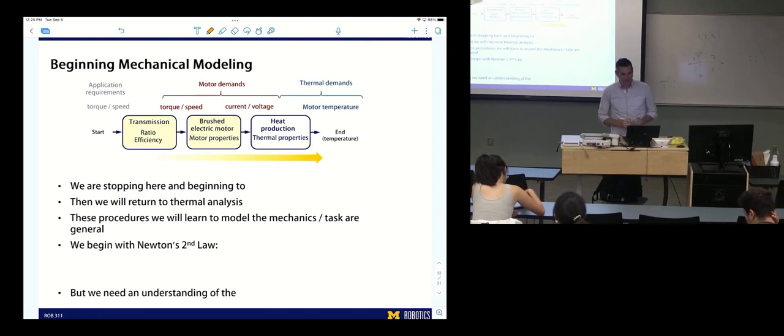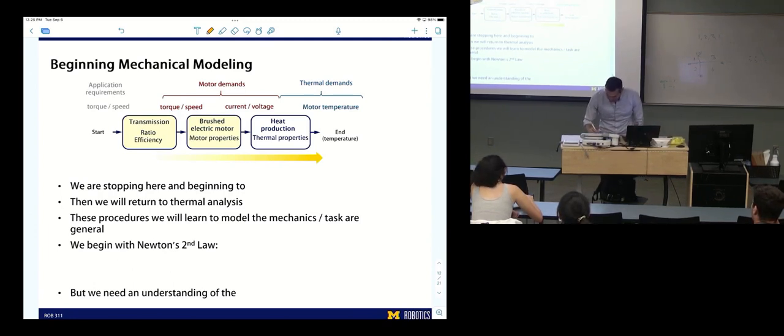This part of the class, it's not super clear to me how much mechanics everyone has seen, so help me teach this effectively. I think you might be on many different levels, coming from many different backgrounds and even years. So just help me do that, right? So we're going to stop here.